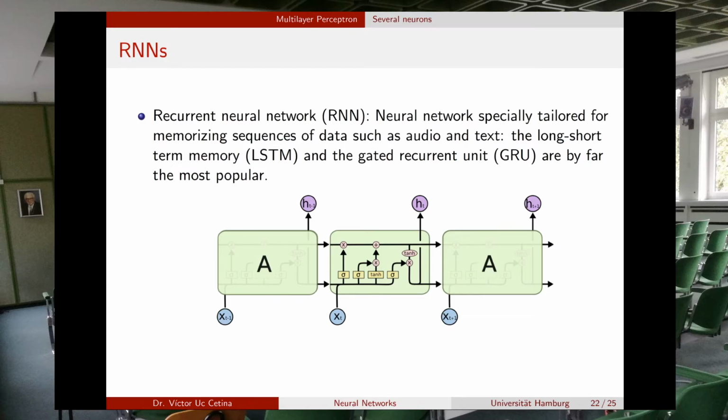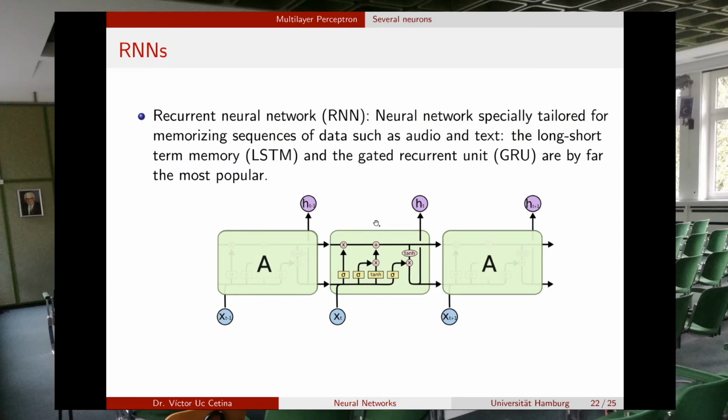So these recurrent neural networks are the state of the art in speech recognition, for example, or problems related to natural language processing in text, like, for example, translation.